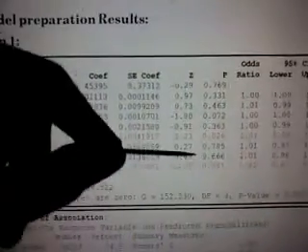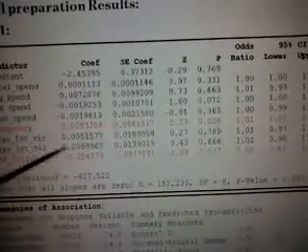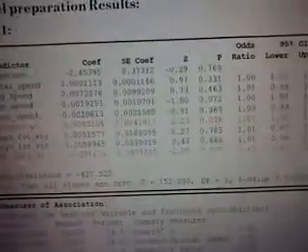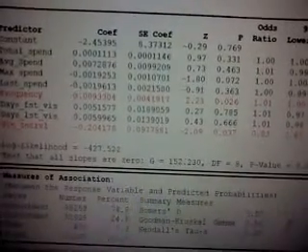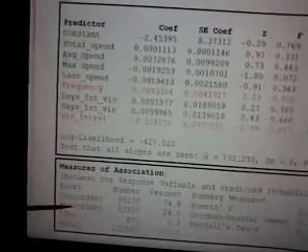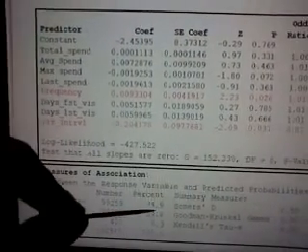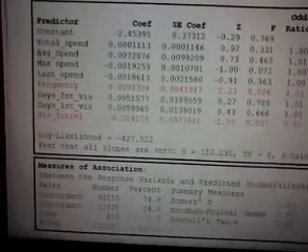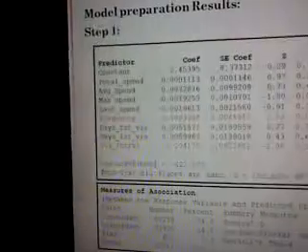Also, day's first visit has the highest p-value. We are going to use this in a later part of our analysis. We'll explain that in a minute. In the measures of association table, 75% of the data is concordant, which means 75% of data is in line with this model, with this analysis.